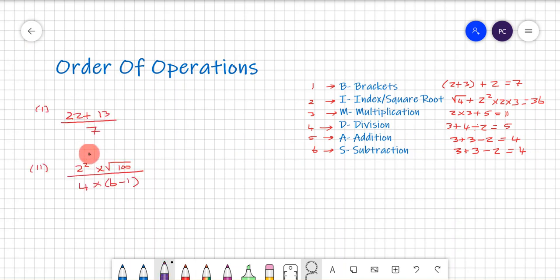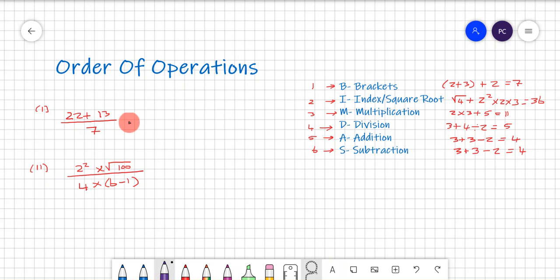So here are two typical questions that involve working with this order of operations. If we take the first question, first of all, we identify how many operations we have at play. We have the 22 being added to the 13, so we have addition, and we know that addition is roughly down here. And then it's all over 7, so that means you're taking the answer of this and dividing it by 7.